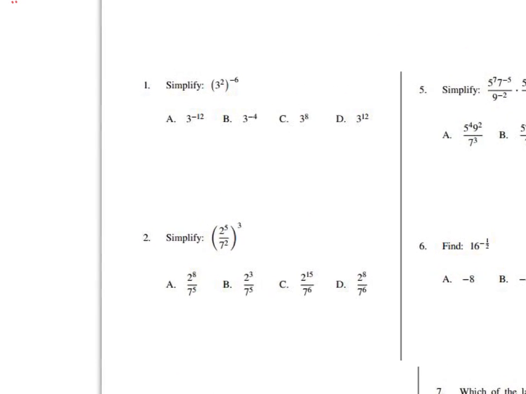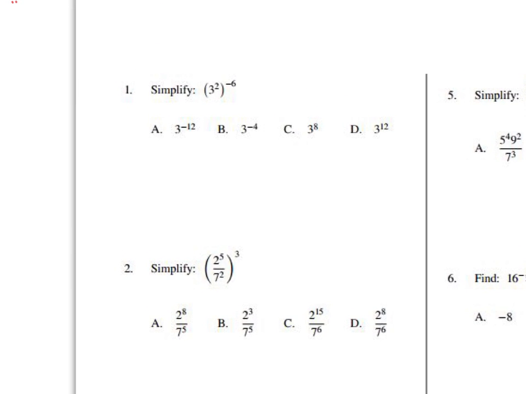All right, let's take a look at number 1. Number 1 says simplify 3 squared to the -6 power. When I have an exponent raised to a power, what am I going to do? Multiply. So that's going to be 3 to the 2 times -6. And what's 2 times -6? -12.